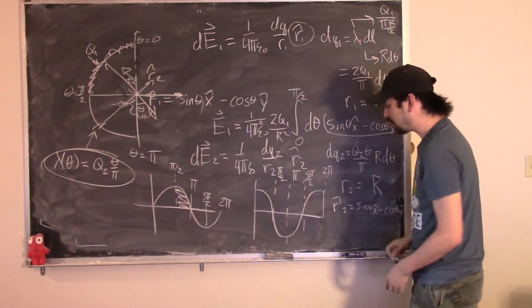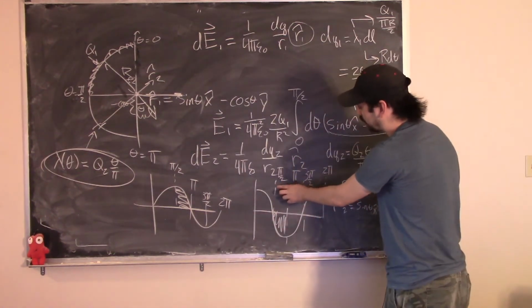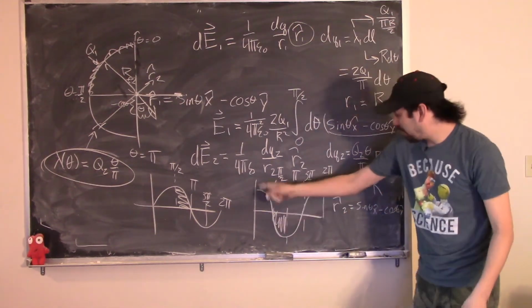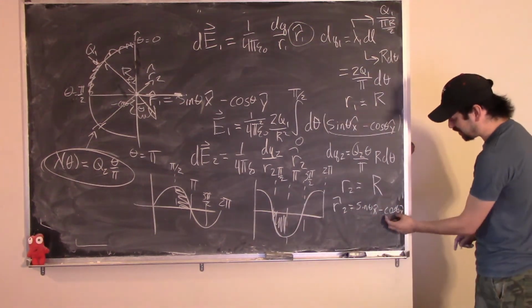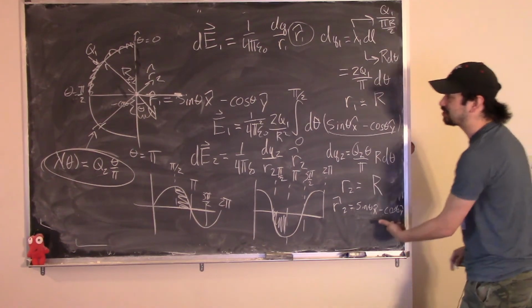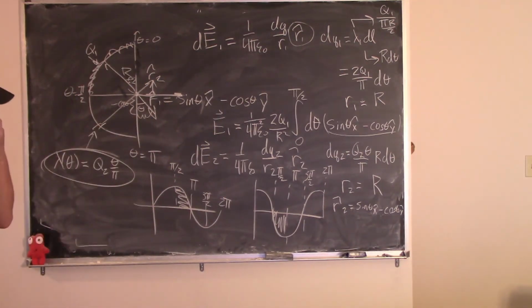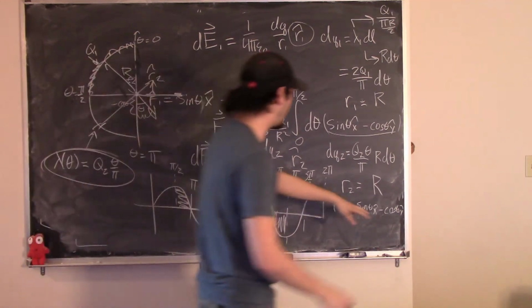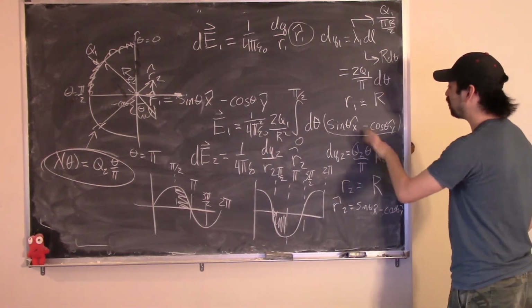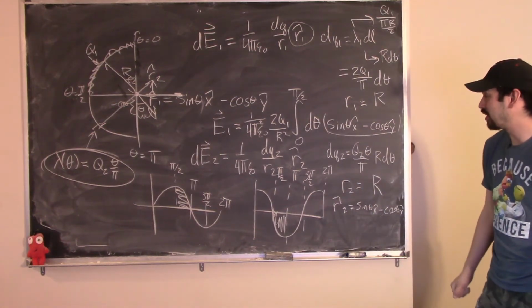So in the region between pi over 2 and pi, cosine is negative. So when I plug in one of those values here, that's going to give me a negative times a negative, which makes this positive. And when we look at the y component, it has to be positive. And so that's why using r hat 2 being the same thing as r hat 1 ends up giving me the same behavior that I need it to.